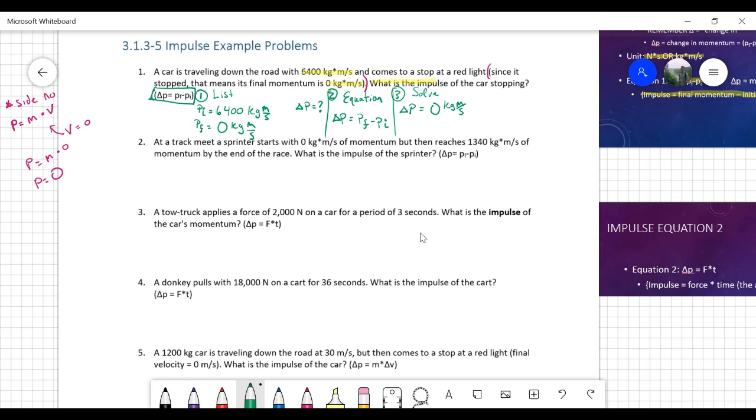Then minus PI, which is 6,400 kilograms times meters per second. Okay, well this is real simple. Just take 0 minus 6,400. That gives you negative 6,400.